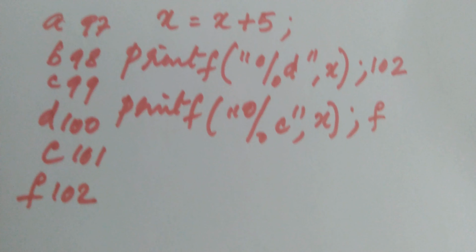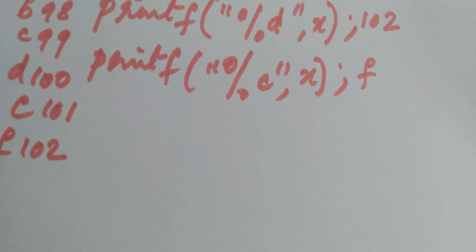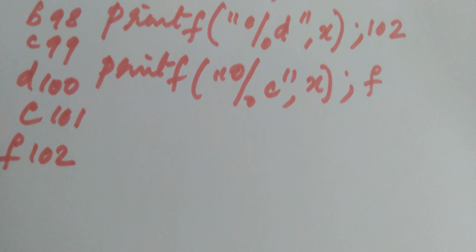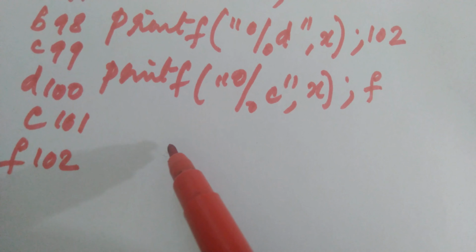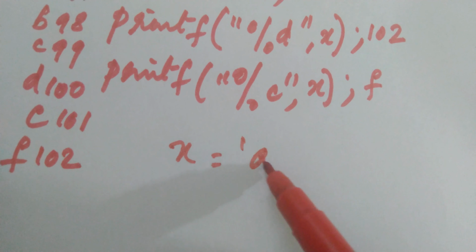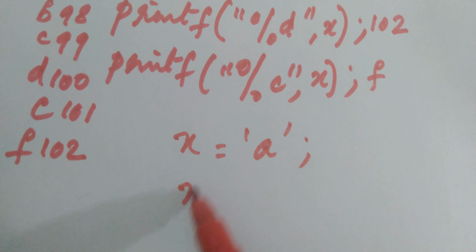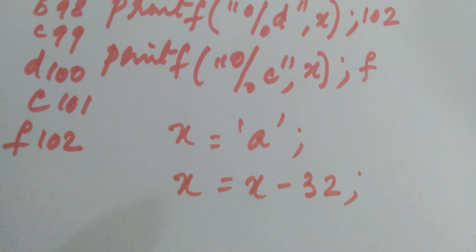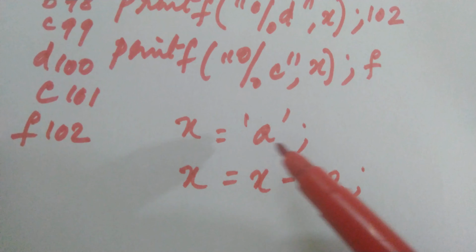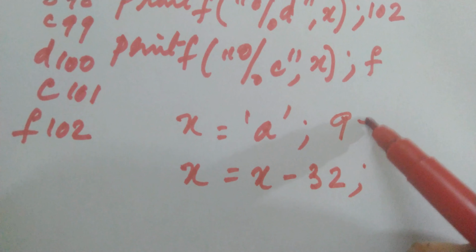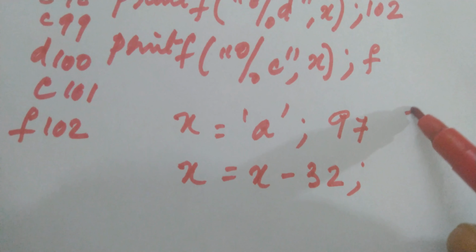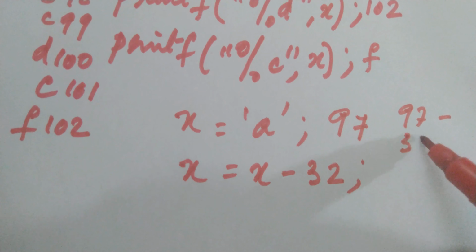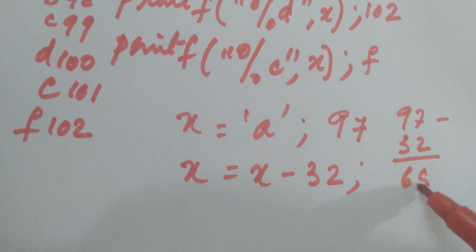If I want to convert a lowercase letter into an uppercase letter, what do we have to do? Suppose x = 'a', and if I write x = x - 32, what will happen? This x = 'a' means the ASCII value of a is 97. 97 minus 32, what is it? 65.